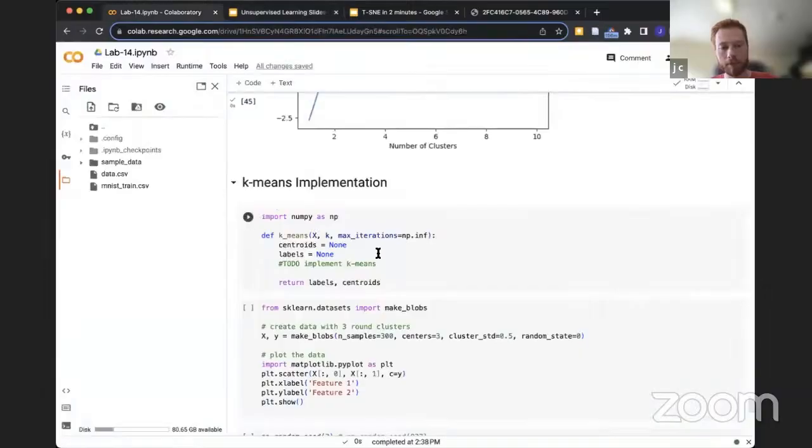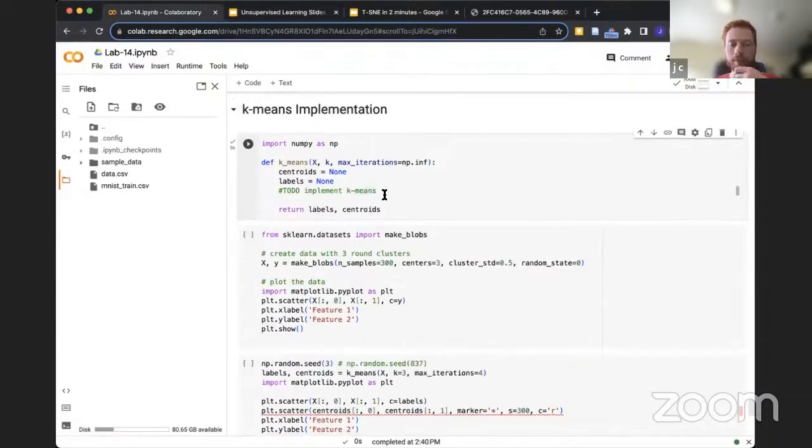Okay, let's implement it together. We have all these functions, and nothing happens here yet. Okay, what's the first thing we have to do?